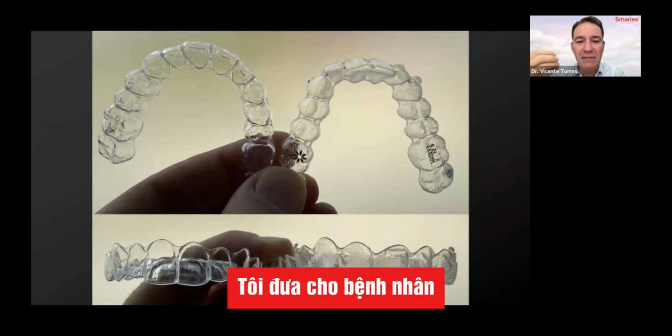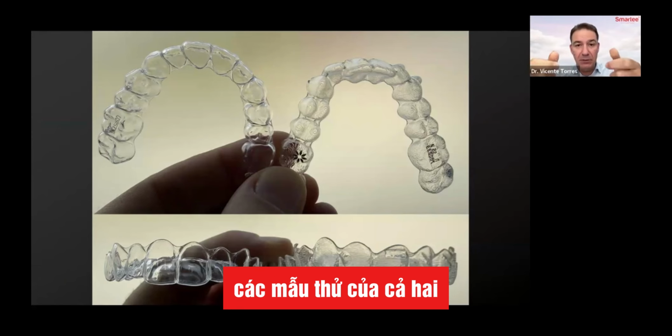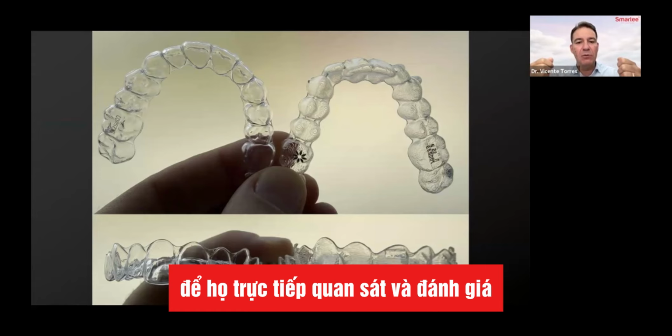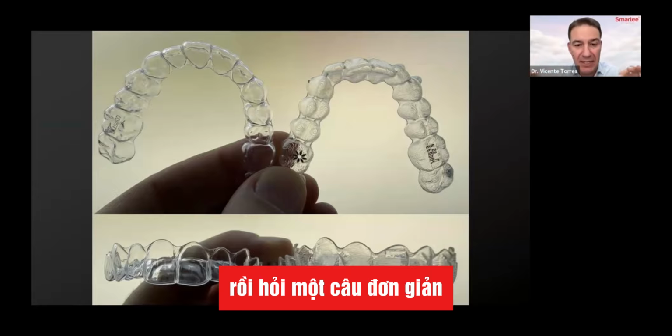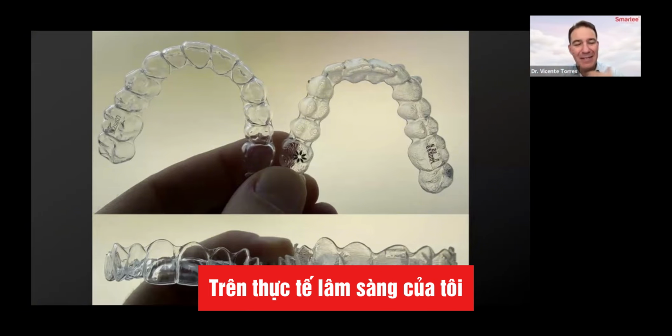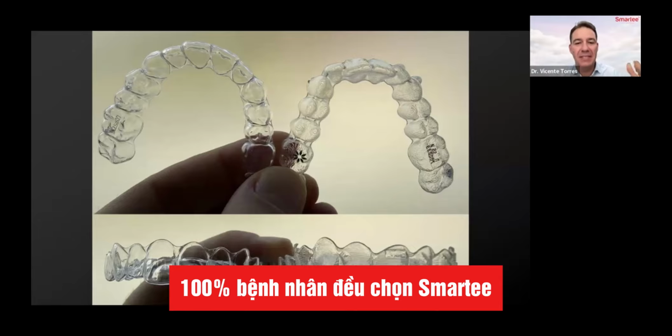I usually give the patient examples of both, the Invisalign aligner and the Smartee aligner, allow them to examine them, and I ask a simple question: which one of these two do you find more aesthetic? And in my experience, 100% of the patients always choose Smartee.